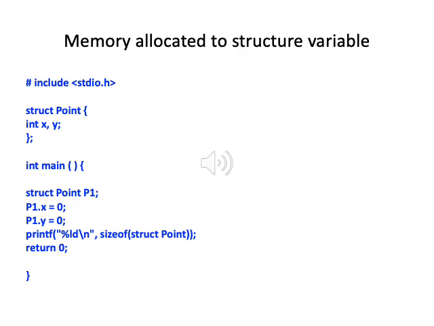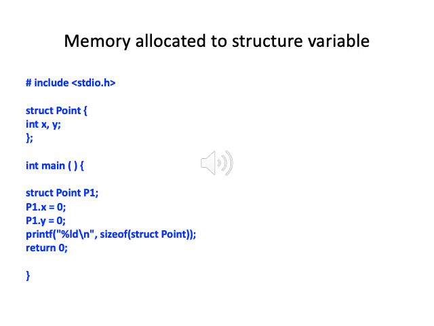Here, we have again declared a structure called point, and each structure variable, that means each point, will have an x and y component. First we have the point structure definition, and then inside main we have declared a structure variable of data type point, and the name of the variable is p1.